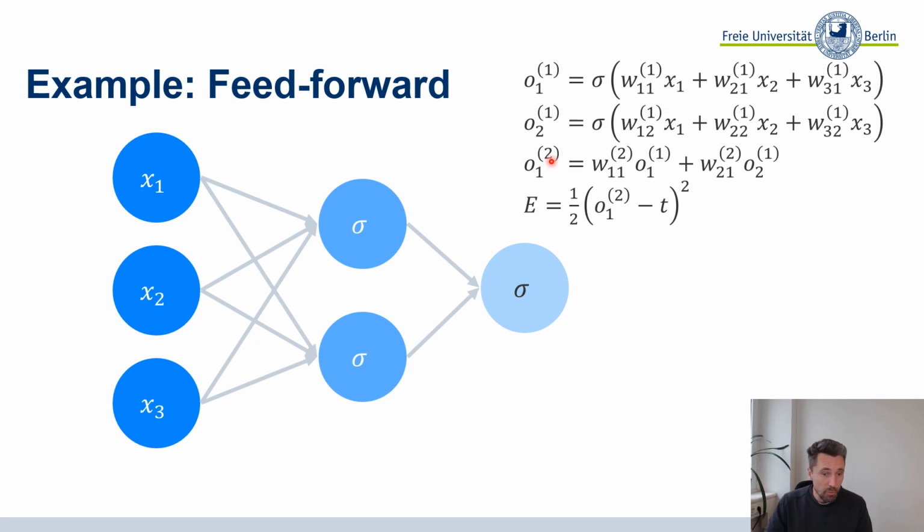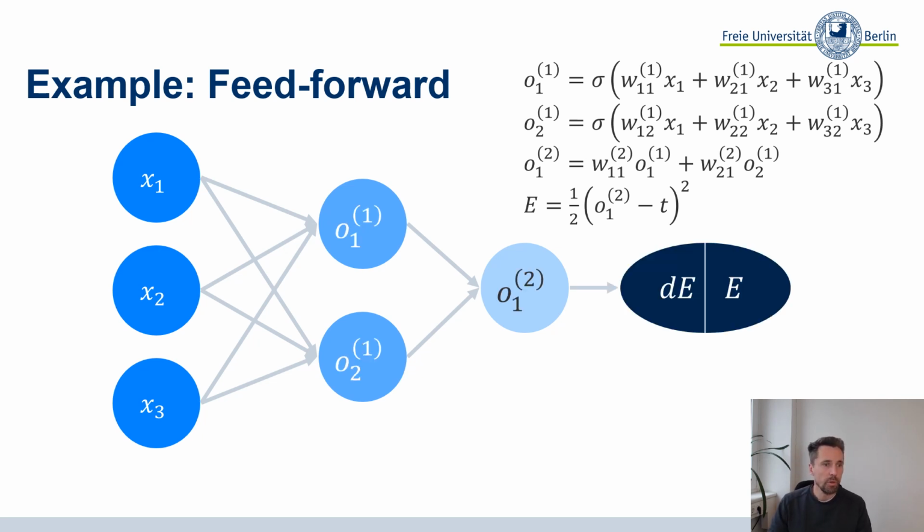But since we want to do backpropagation, we need those outputs as well, and we also need, remember what we need? We need to evaluate the sigmoids' derivatives at their inputs. And that's what we do as well. Oh, I forgot something. We need to also add this error node here, right?